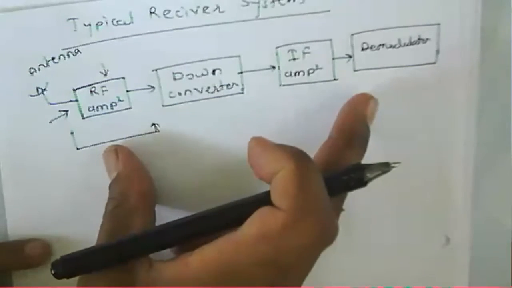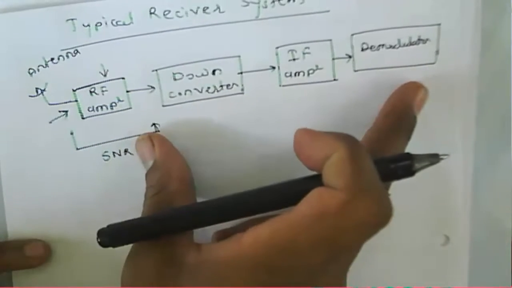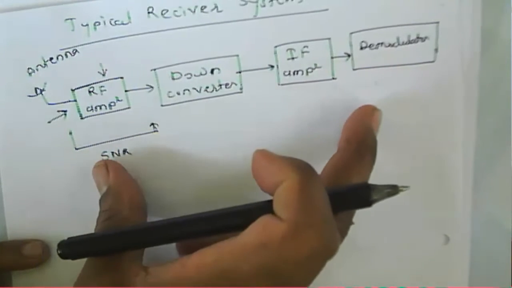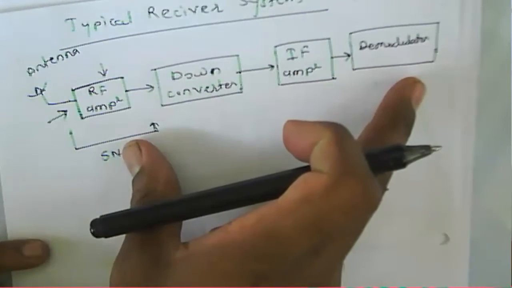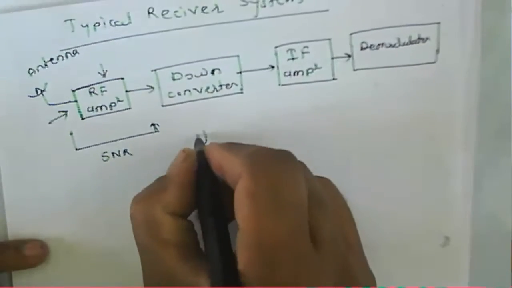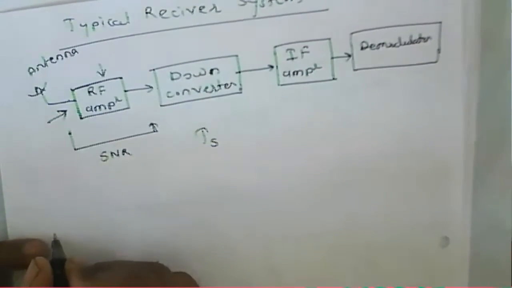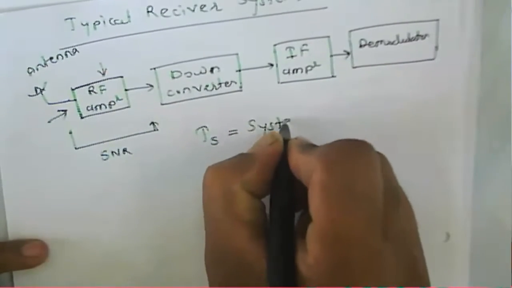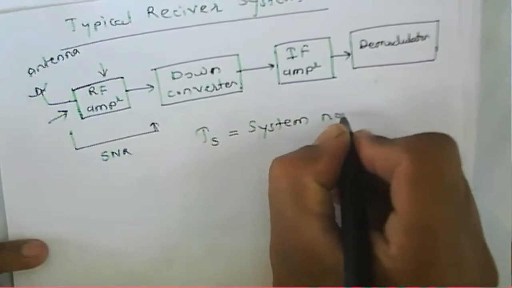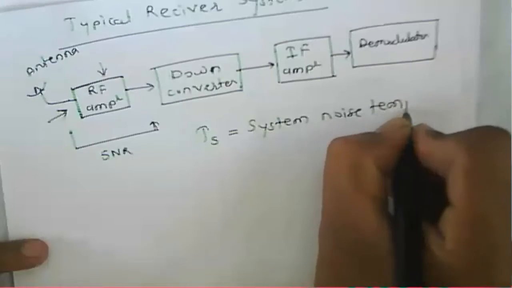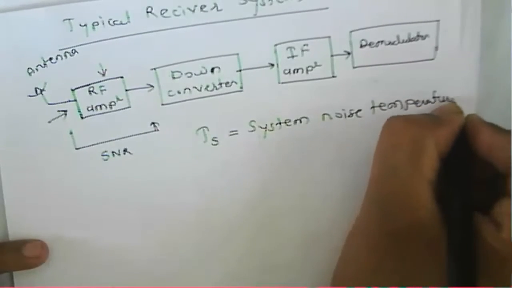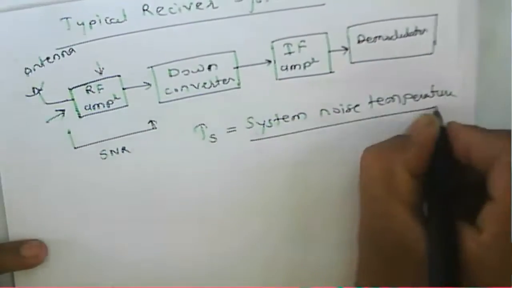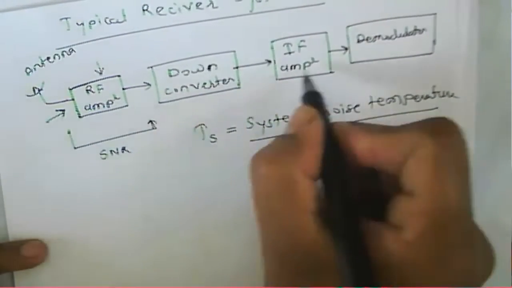That's why the whole system has to be considered, and we need to consider the temperature of the whole system. That temperature of the whole system is nothing but the system noise temperature, which will be TS here. This system noise temperature depends on the temperature of each and every component.